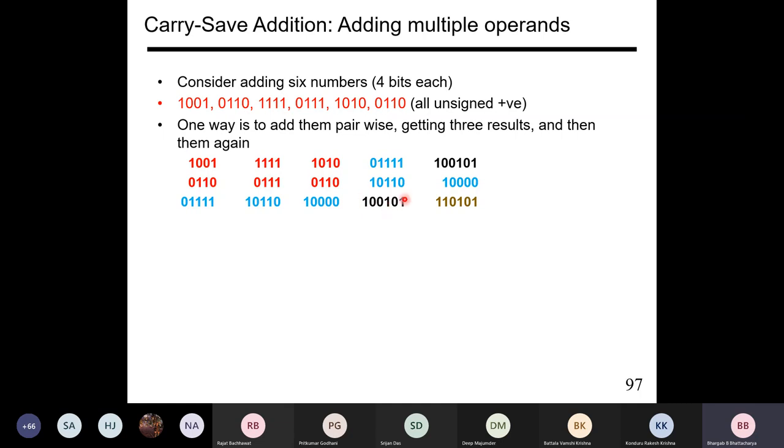I have the result here, and then take this one here, which was still left out, and you add them, and finally you get this. We assume that these are unsigned positive numbers, so we are not considering overflow, we just keep on adding. So this is one way of doing this, so far as whatever hardware we have in our possession, because it can only add 2 numbers at a time.